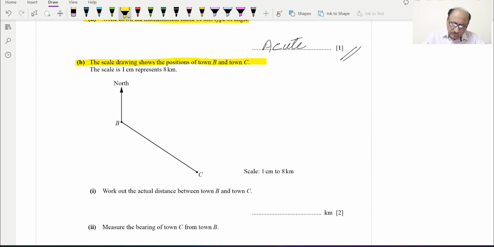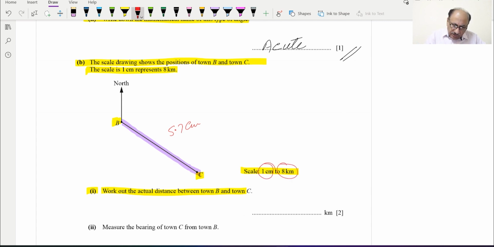The scale drawing shows the position of town B and town C. The scale is 1 centimeter represents 8 kilometers. Part I, work out the actual distance between town B and town C. If we check the measurement of this length, this is basically 5.7 centimeters, and we know 1 centimeter is equal to 8 kilometers.